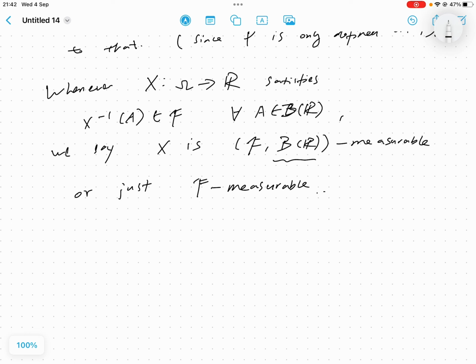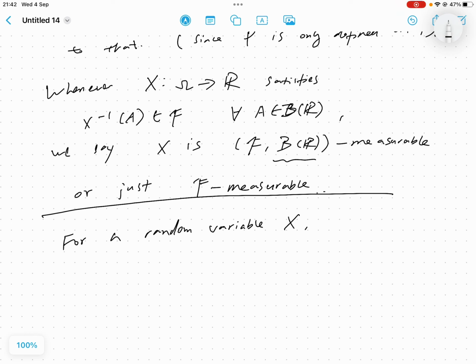So for a random variable X, it makes sense to assign a probability to any set of the form where X is in A, right?